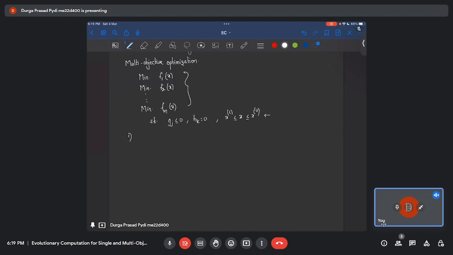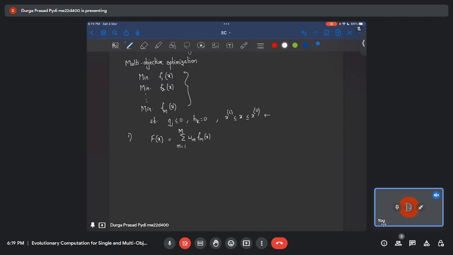So here also the first approach will be similar. When you have so many objective functions, you come up with a new function, say capital F of x, somehow taking into account all these values of f of x. So some weight wm times fm of x, where your small m ranges from 1 to capital M, the total number of objectives.